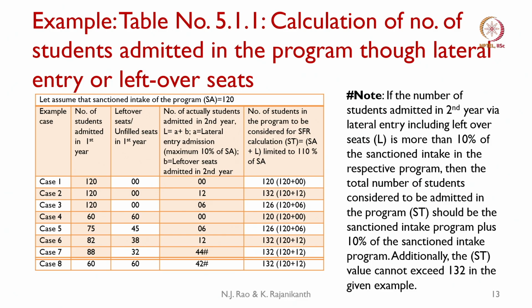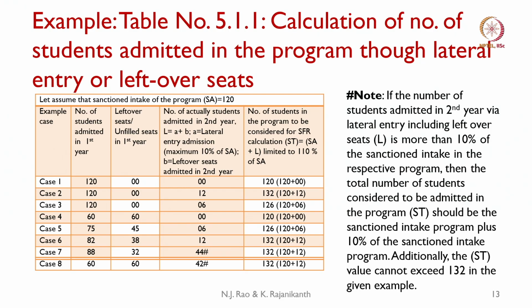In this case, case 3, leftover seats are 0 and we could have 12 students, but only 6 got admitted. So, 120 plus 6, number of students admitted in first year, and L value which is the actual lateral entry admissions, which is 6. So, 126, that is considered as the number to be used in the student faculty ratio SFR. Okay, that is that example.